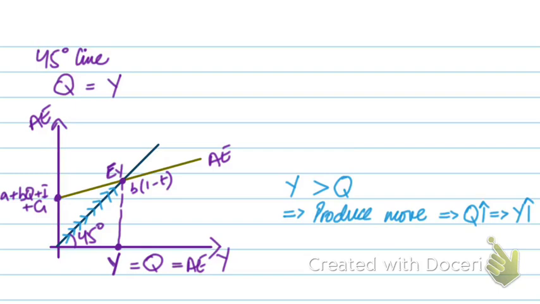So this is for all the points below the aggregate expenditure function, but the points in red, that's above the AE function, at all these points you're spending less than what's being produced, right? So this acts as a signal to produce less, to lower the production.